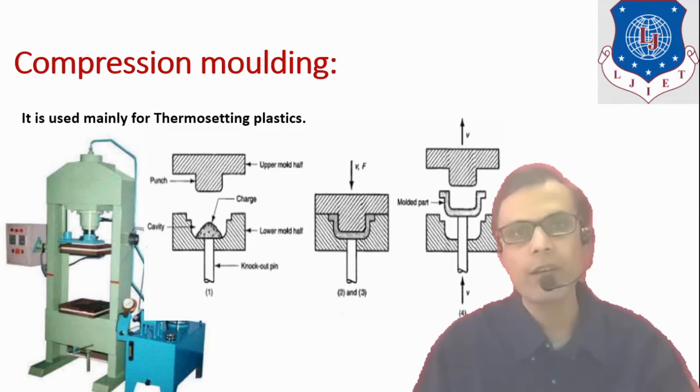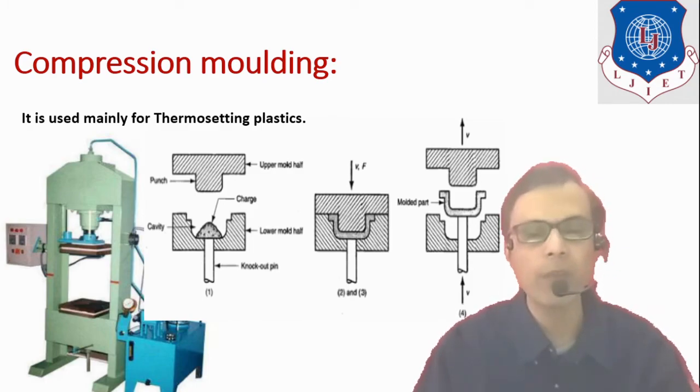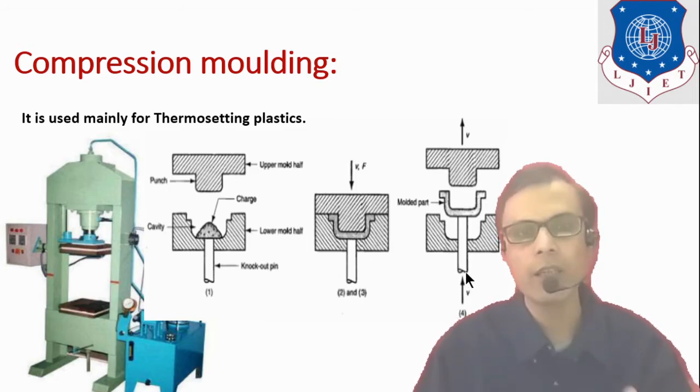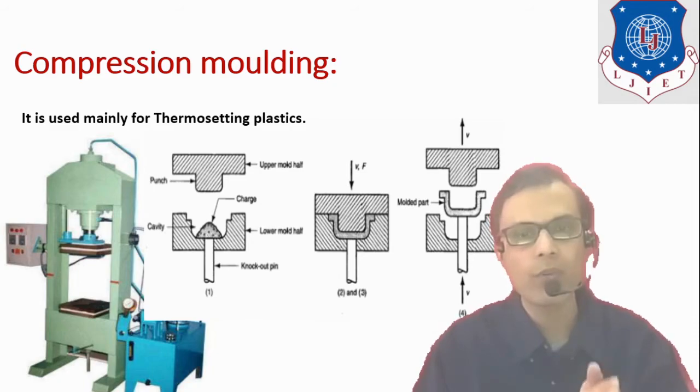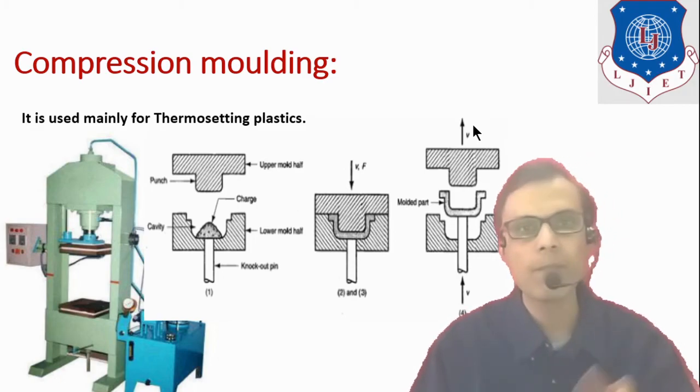After solidification and cooling, this molded part can be ejected with the help of the ejector pin. So when it is actuated, it is moved in this vertical direction, and it will eject the produced mold part we can get. So it is a compression molding process.